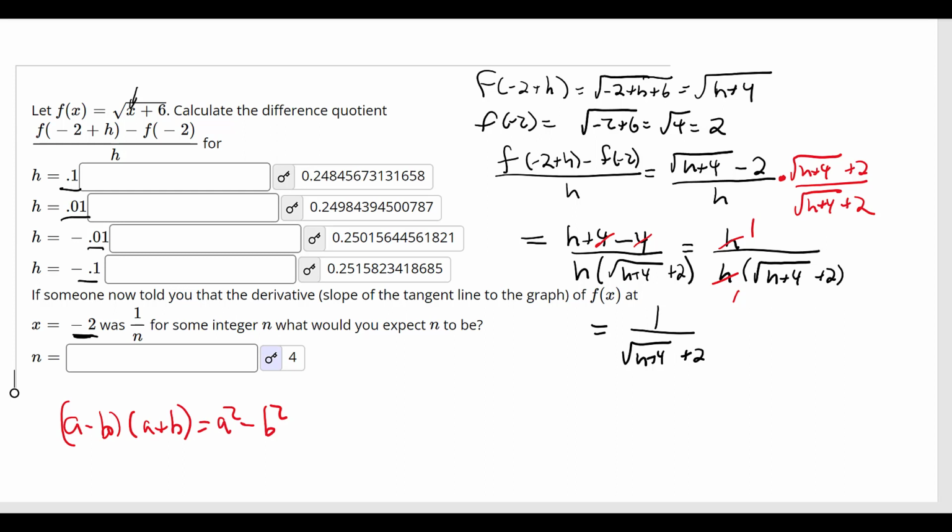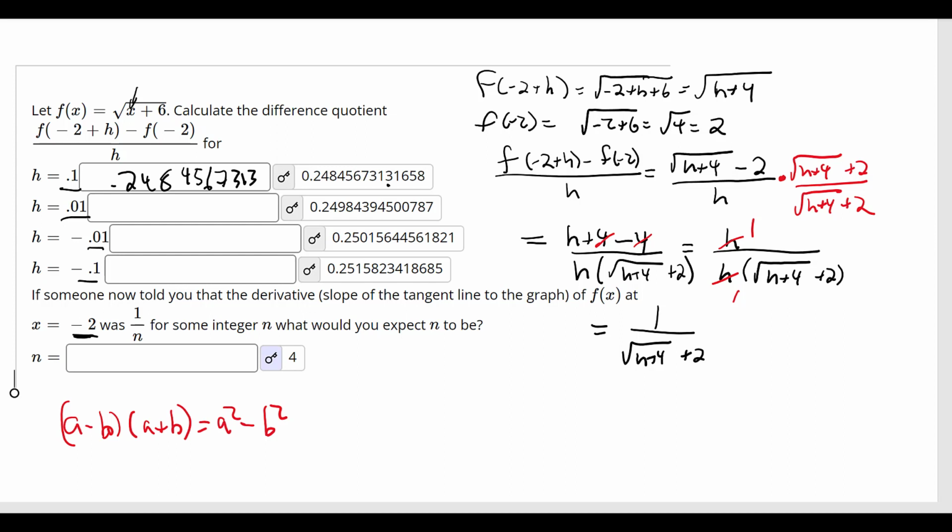And I get 0.248456713. Mine actually cuts off here. I personally think going 4 places is probably sufficient. Then I can bring that last thing up and change that 0.1 to a 0.01.